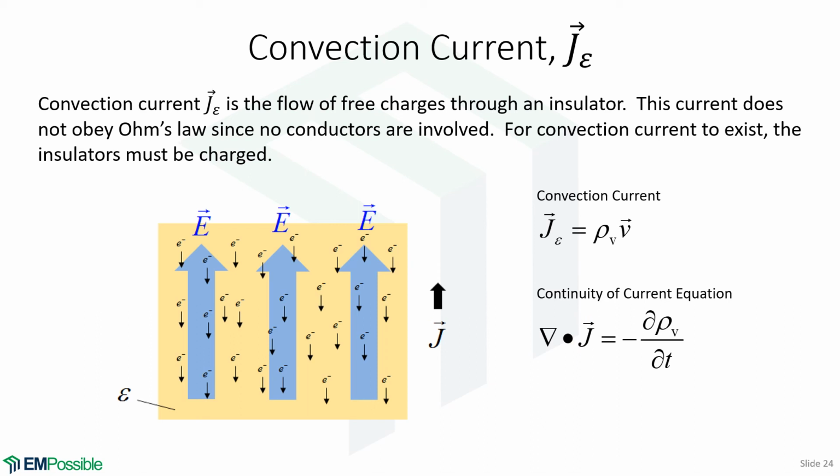Well, if there is current that's converging to a point or diverging from it, clearly we're either accumulating or losing charge at that point. And that's exactly what the right-hand side of the equation is explaining. This charge density must be changing with time if there is current diverging from it or converging to it.